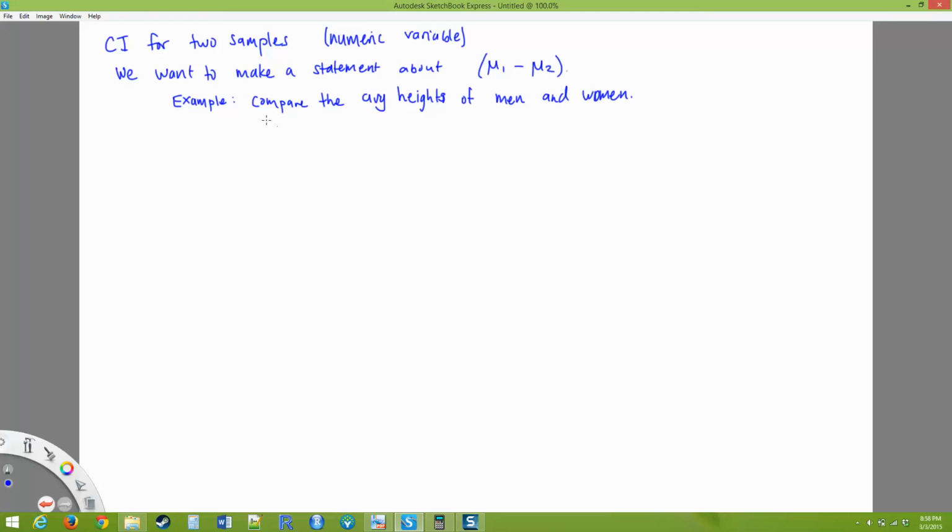Okay, so our resulting interval might be 5 to 6 inches.